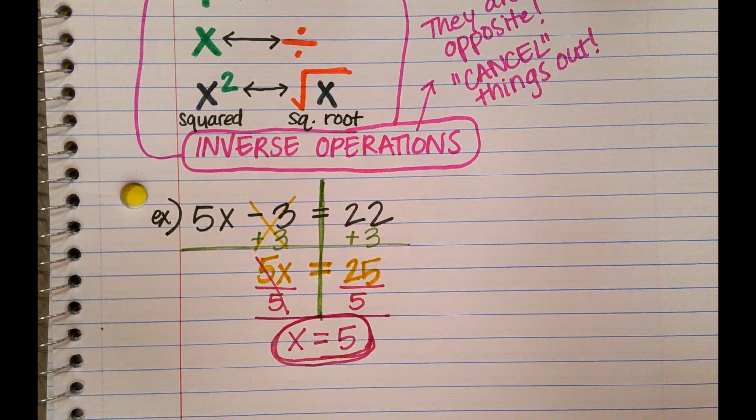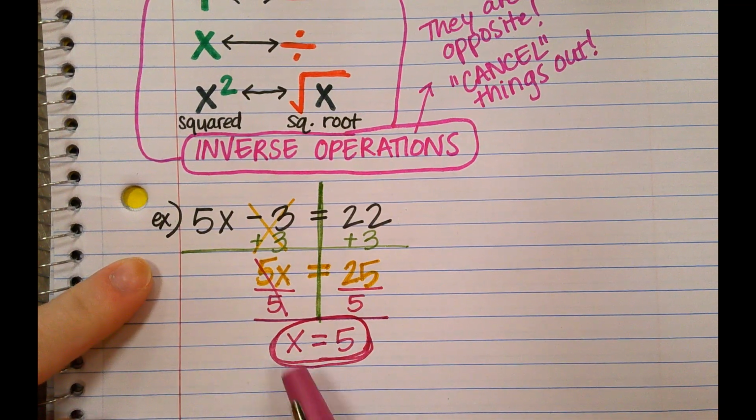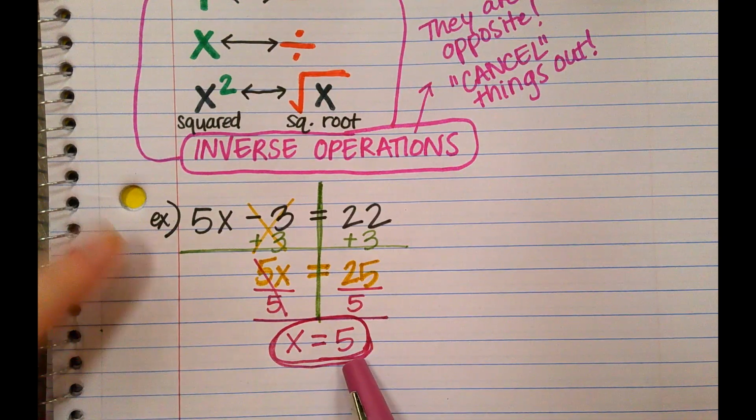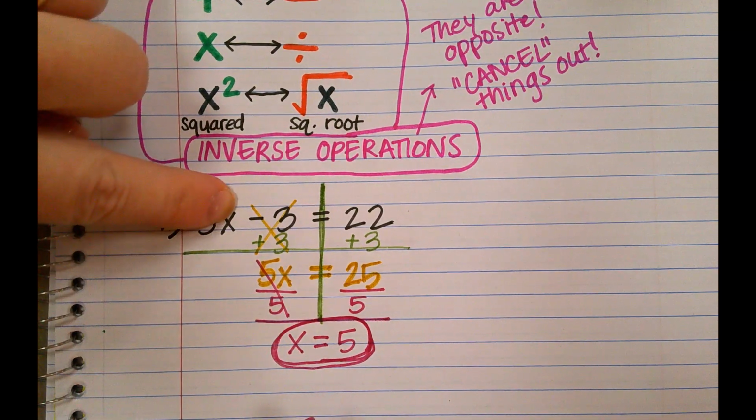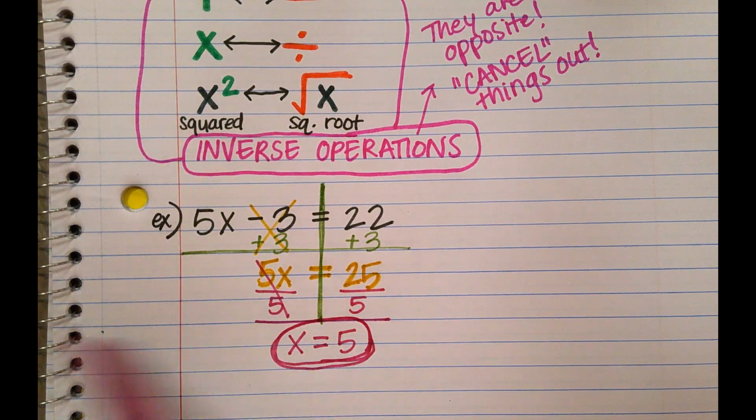How do we check that our answer is right? There is a way to do it. You just plug in 5, so 5 times 5 minus 3 equals 22. Yes. The beauty of this whole process is that we found the number that we can replace x with to make this statement true.